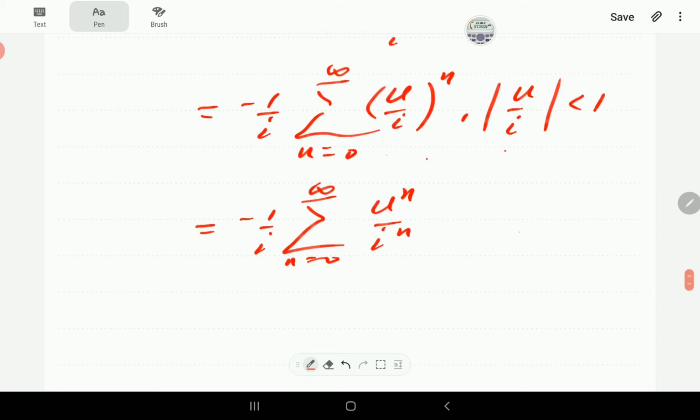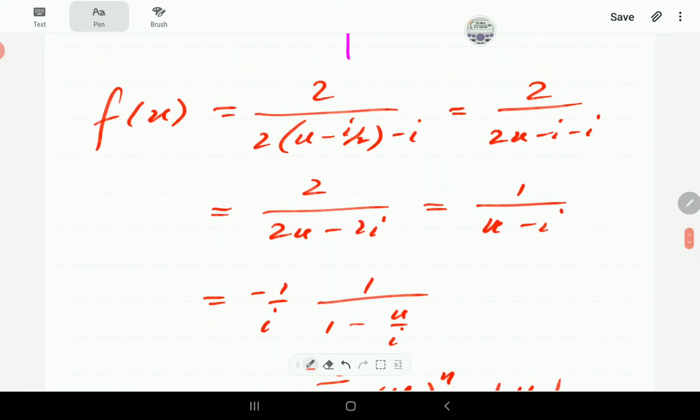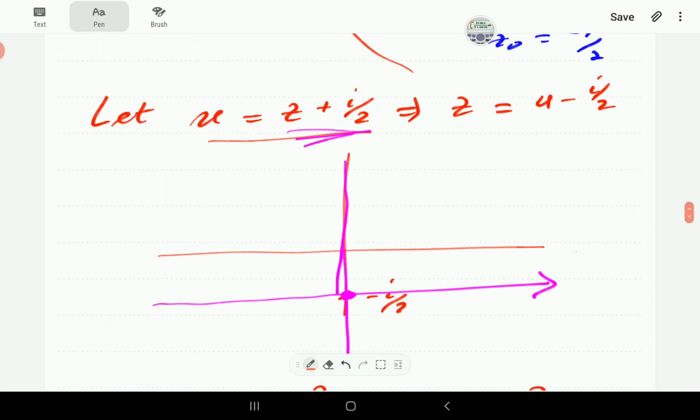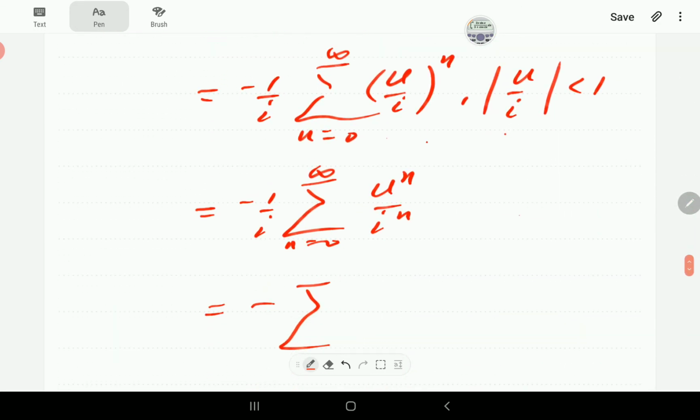Then multiplying the i in. In fact, we're going to do that and also express u in terms of z now. So remember, u is z plus i/2.